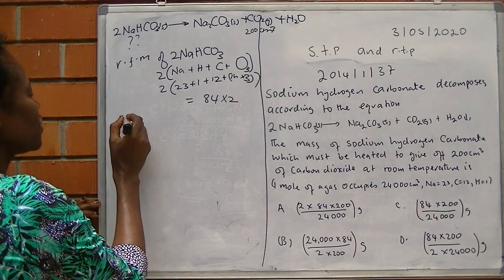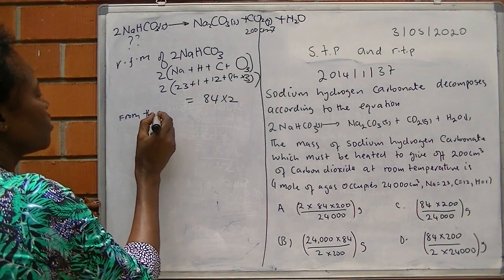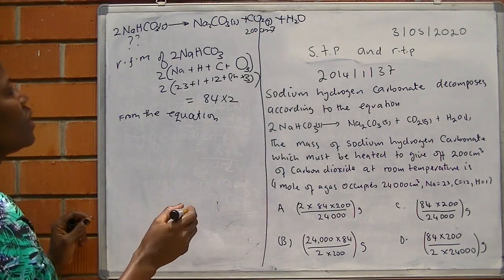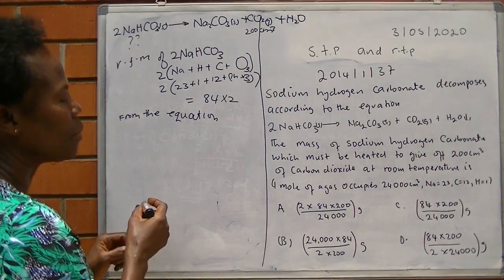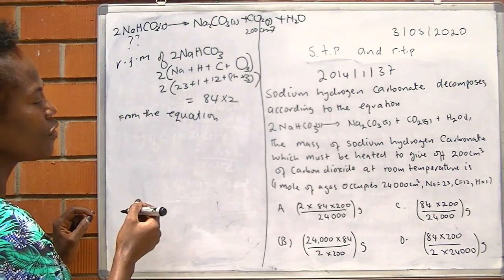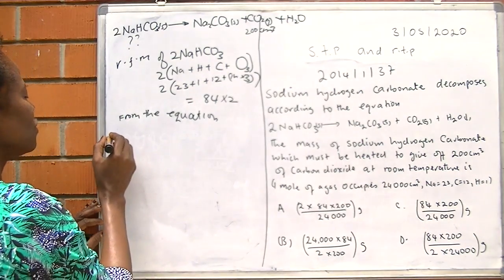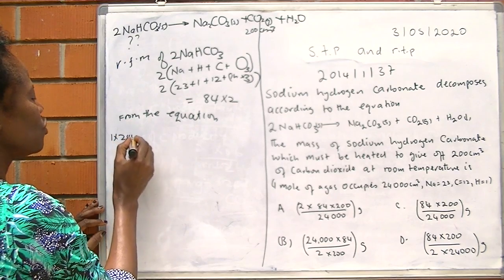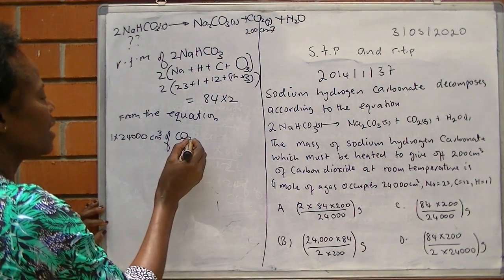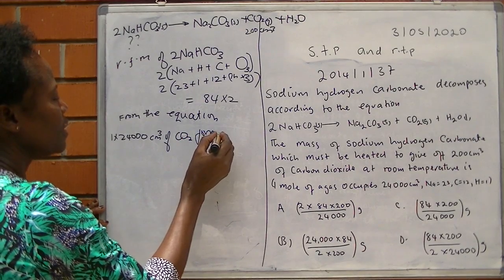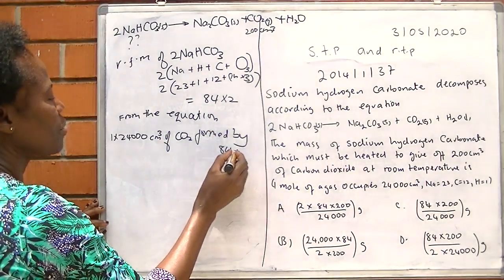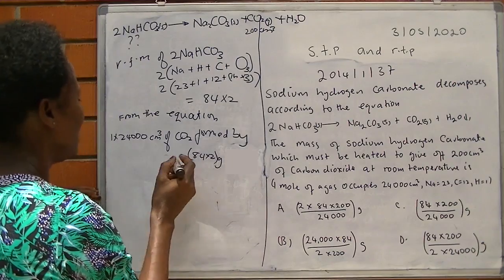So from the equation, we have only 1 mole of carbon dioxide, and we are told that each mole of a gas occupies 24,000 cubic centimeters. So 1 times 24,000 cubic centimeters of carbon dioxide was produced by what I got from the equation, 84 times 2 grams.